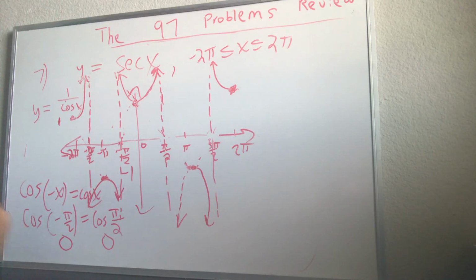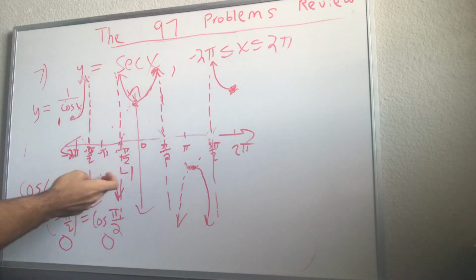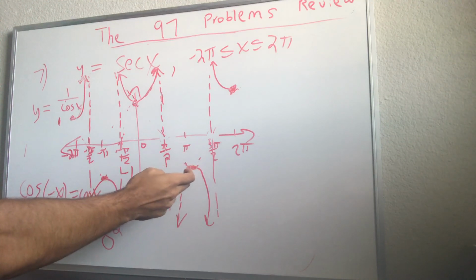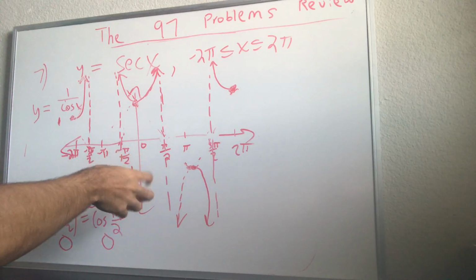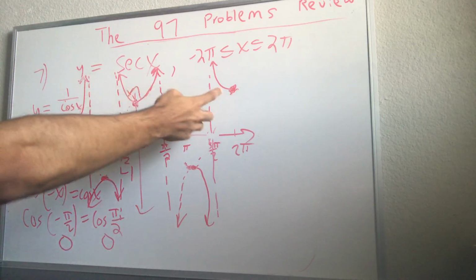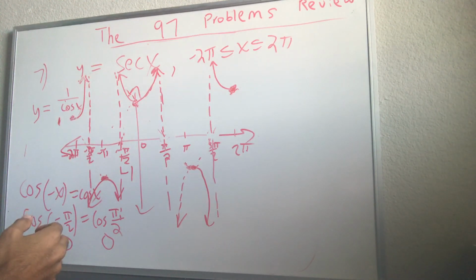And your range is y is greater than or equal to 1, or y is less than or equal to negative 1. You see that negative 1 is being hit by these 2 points, and then everything else is less than negative 1. 1 is being hit by these points over here, and the other y values are going to be greater than 1. So that's the graph for y equals secant of x.